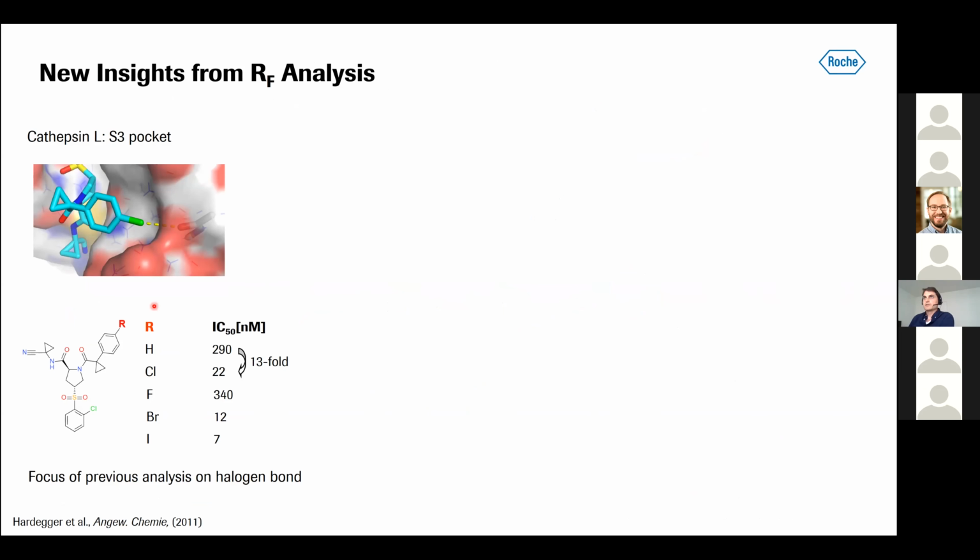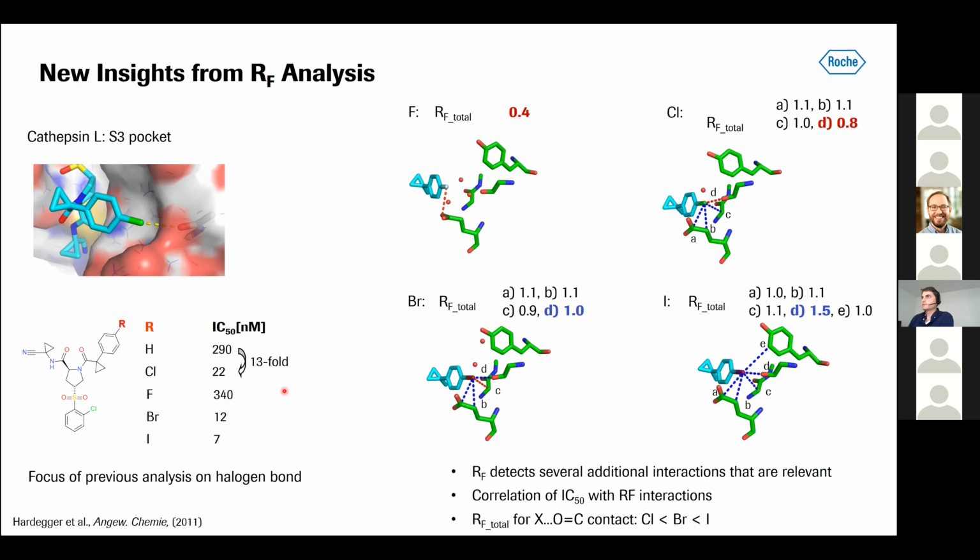So in this cathepsin L S3 pocket, we have a series of different substituents in this para position here on this molecule, and you can see that changing the hydrogen to a chlorine leads to a strong increase in affinity, whereas replacing it again with a fluorine leads to a decrease, and bromine and iodine each increase the binding affinity even further. And when you look now at the RF values for this binding site, you can see how this correlates nicely.